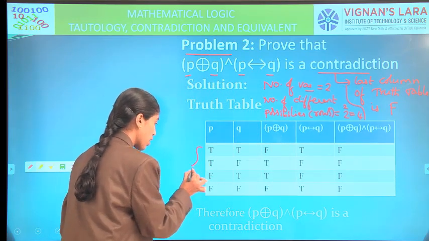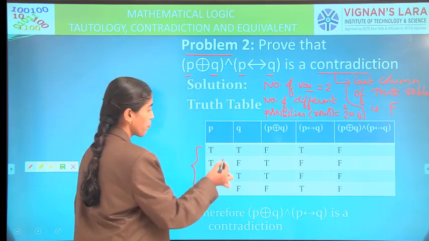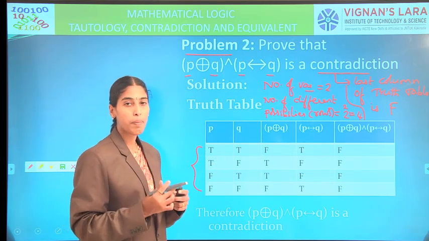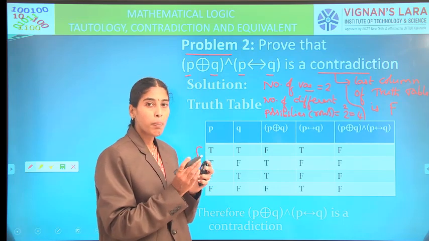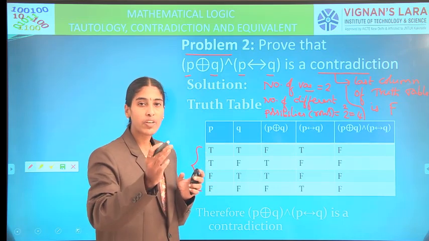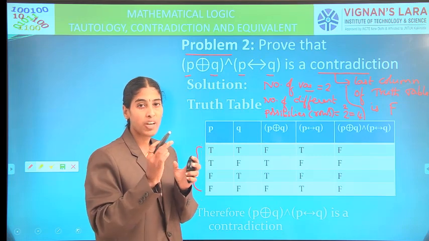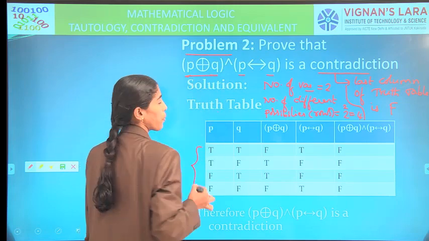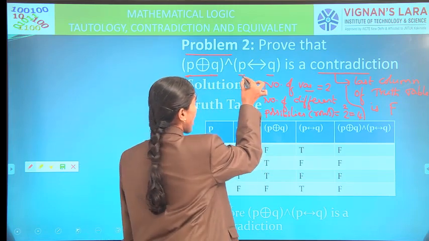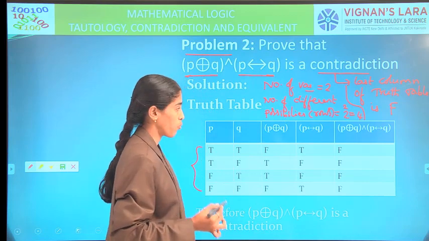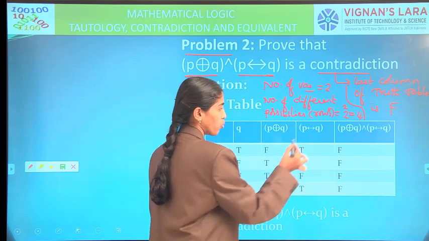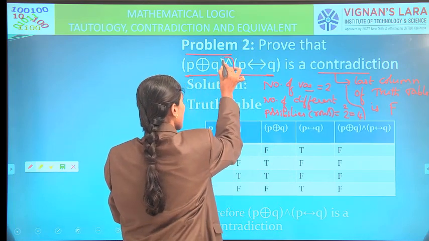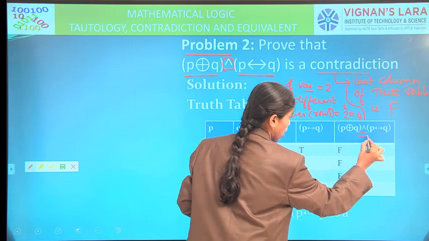So these 4 are the different combinations: TT, TF, FT, FF. Next, step by step, we need to split each part of the given proposition. Finally, by combining all these parts, we reach the given proposition. How many different parts are there? One is P exclusive or Q, the other is P biconditional Q. Then we join these two parts using the AND symbol in the last column.